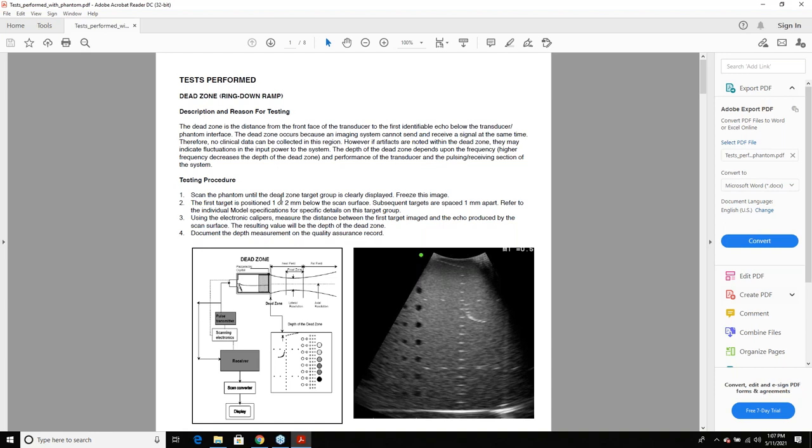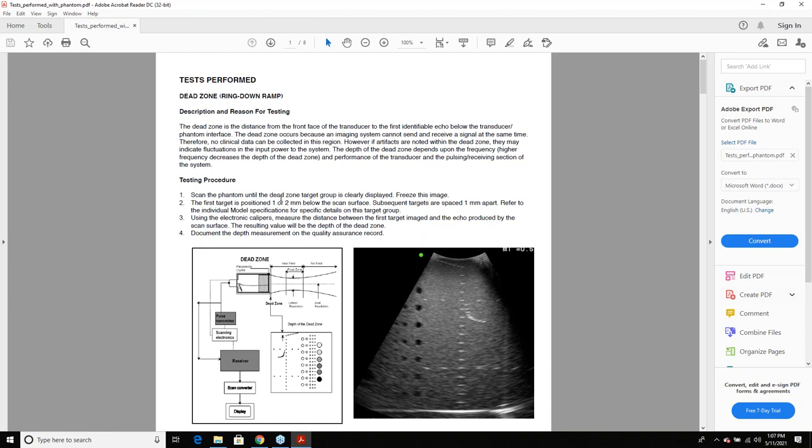So that's a test they're trying to describe here, and it tells you specifically how to do it. With a higher frequency, you should expect a shallower depth, meaning it will be very shallow when you'll be able to see an object, whereas a lower frequency will be a little deeper. Right, so that's one test.